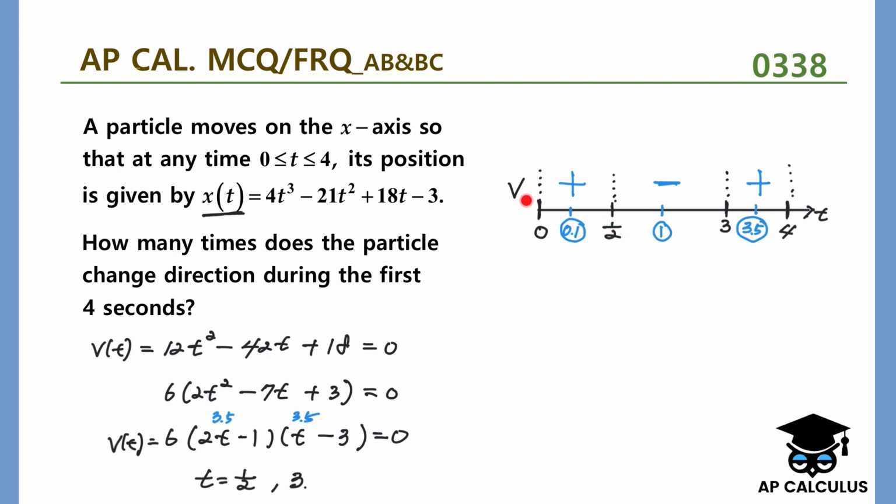The sign of the velocity changes from positive to negative. Also, at time t equal to 3, because the sign of the velocity changes from negative to positive at this time. So the question is how many times, right? So we can say twice, right?